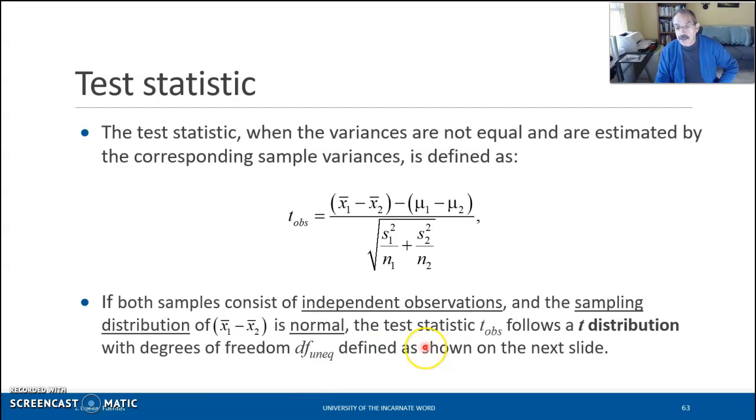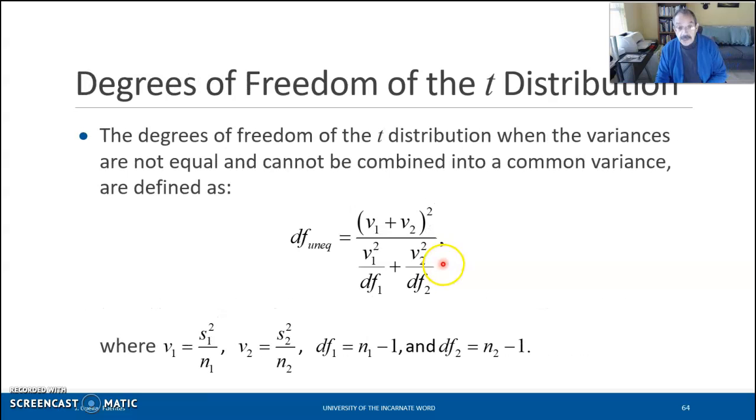And those are defined as I show you in the next slide. So remember, what changes from the previous method to this method is the denominator of the test statistic. The second change is how we calculate the degrees of freedom when the variances are not equal.